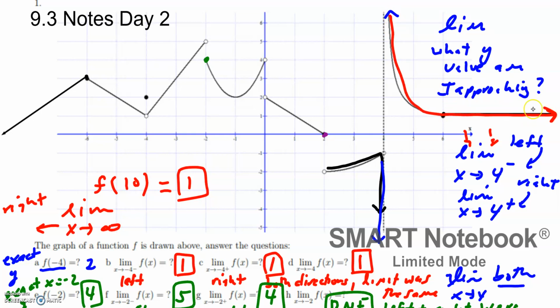Because this line flattens out, think about, as x goes further and further towards infinity, is this line ever going to change from y equals 1? No, it's not. So similar to how I asked you f of 10, where the y value is going to be 1, this is kind of like a horizontal line you can't cross. The limit as x goes to infinity is also going to be 1, because this graph is slowly and slowly approaching 1.